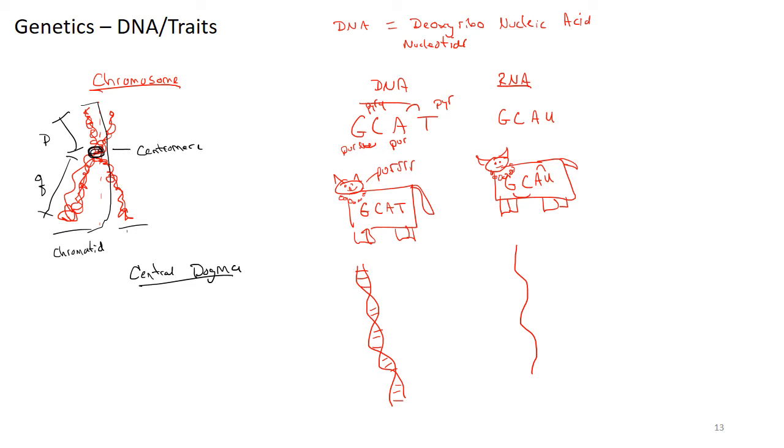This basically means how information flows in genetics. First off, information always starts out in the form of DNA. And then we usually transition that to RNA. And then RNA gets transitioned to protein.